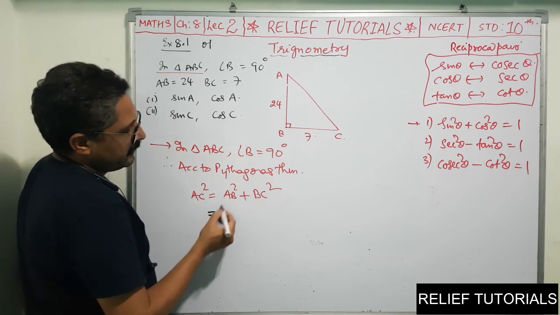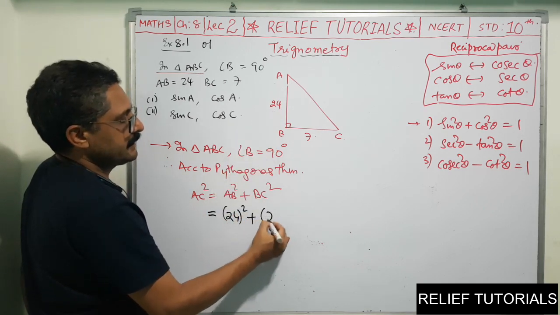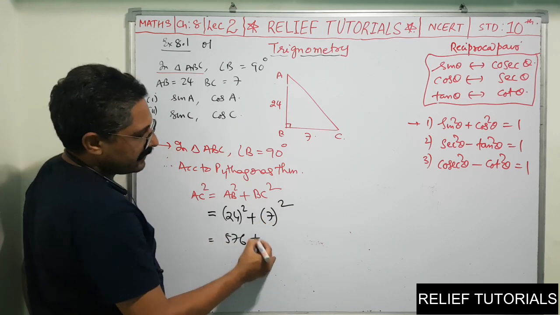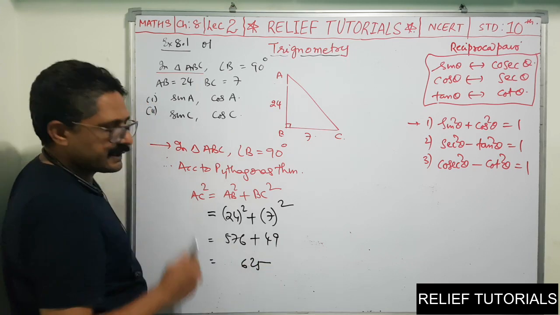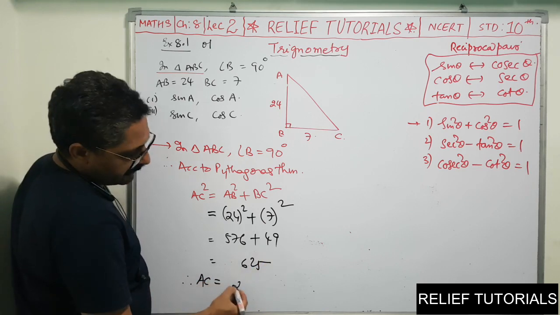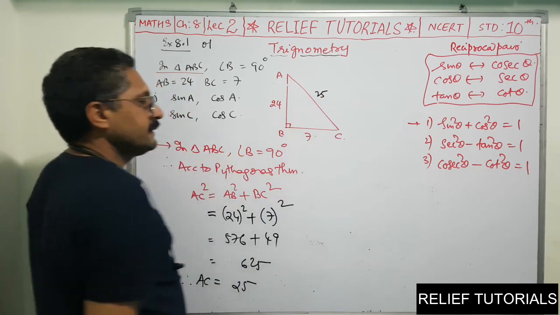AB is 24, BC is 7. 24 square is 576, 7 square is 49. So you will get 625 as AC square. Therefore AC is equal to under root of 625, that is 25. So we got AC as 25.